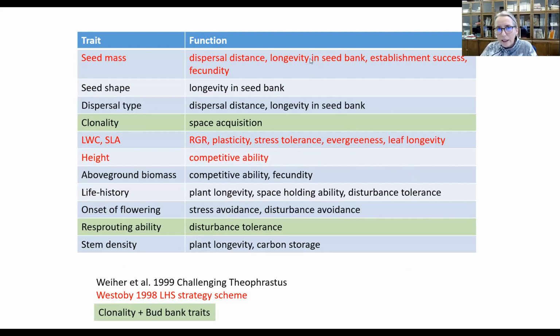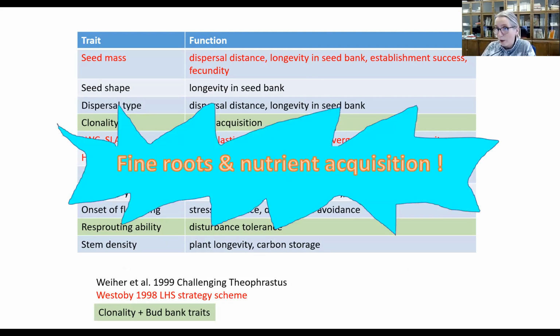So we can see that from this list, only some of these traits were measured, or measured enough for big analysis. For example, clonality and resprouting ability, dependent on below-ground organs, weren't measured much. And moreover, as I already said, fine roots and nutrient acquisition were totally ignored.